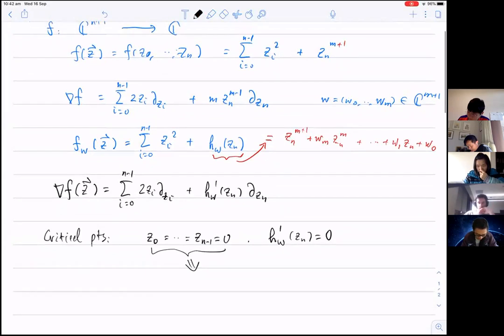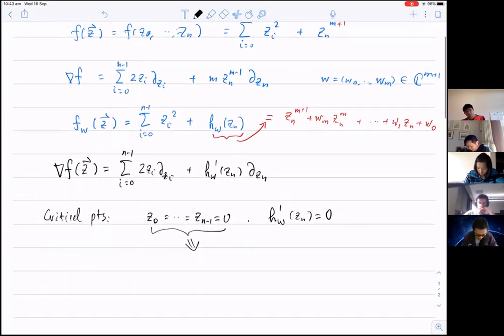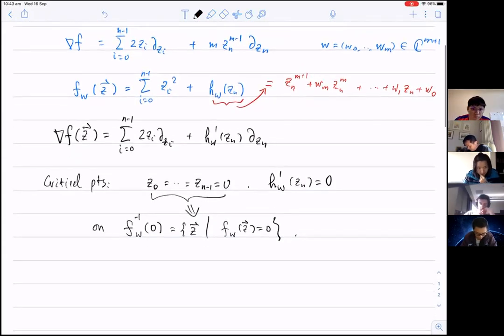Okay, so if I want to look at the equation, if I look at the inverse of this, so these are points where it is 0, and on this we also have another equation.